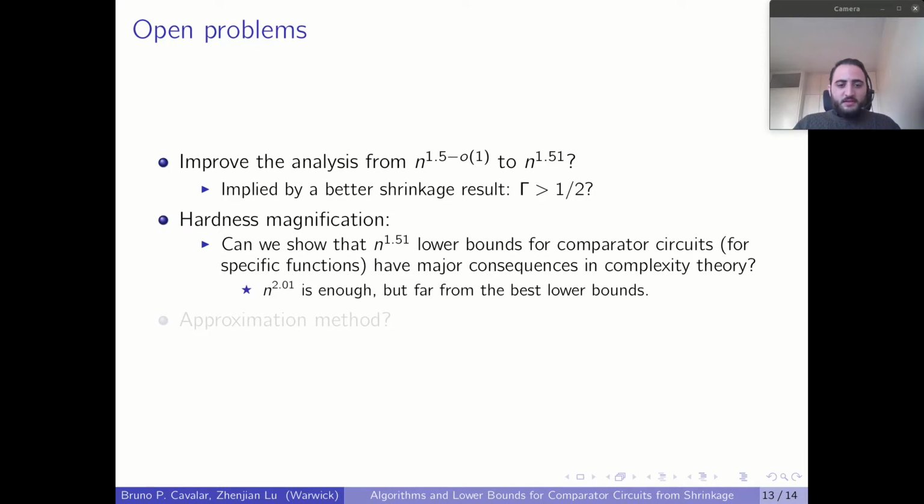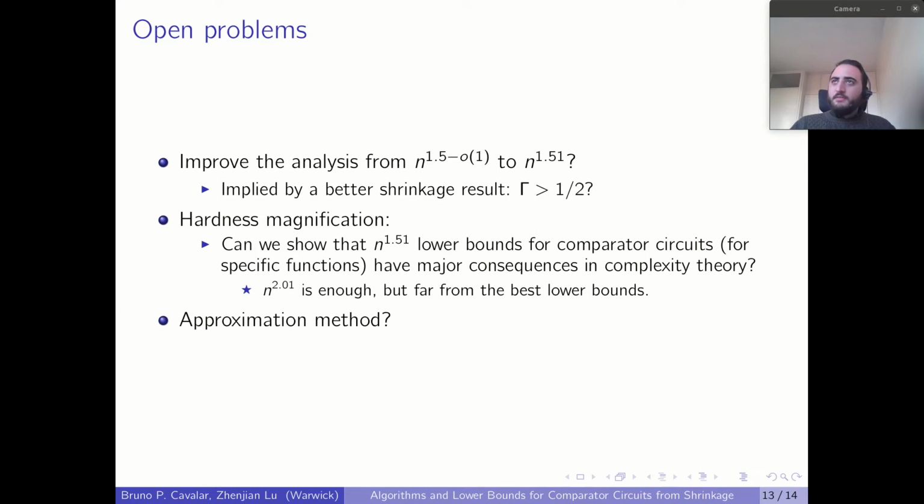This is strongly connected to hardness magnification. So can we show that n^1.51 lower bounds for comparator circuits for some specific function like MCSP have major consequences in complexity theory? We can show that n^2.01 is enough, but this is far from the best lower bounds we know.